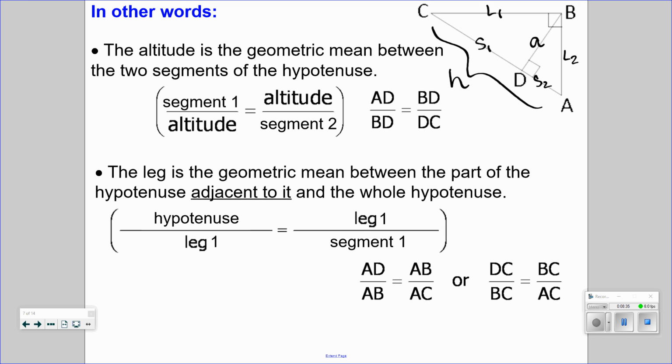When your mean is the altitude, the means are your altitude. The extremes, so the other two, are the two segments of that triangle, so segment 1 and segment 2. So it's the two smaller parts created from that altitude splitting the hypotenuse.